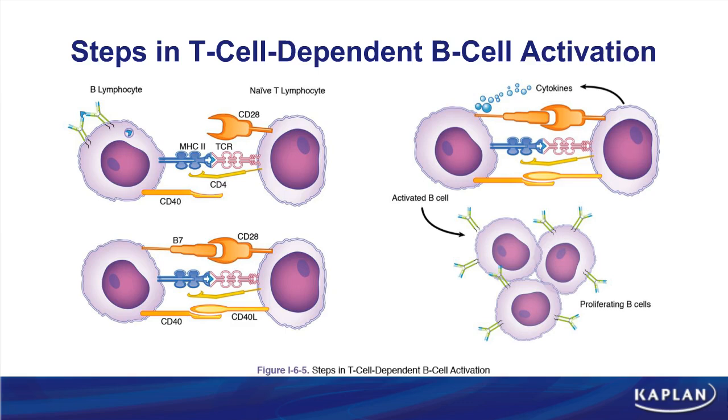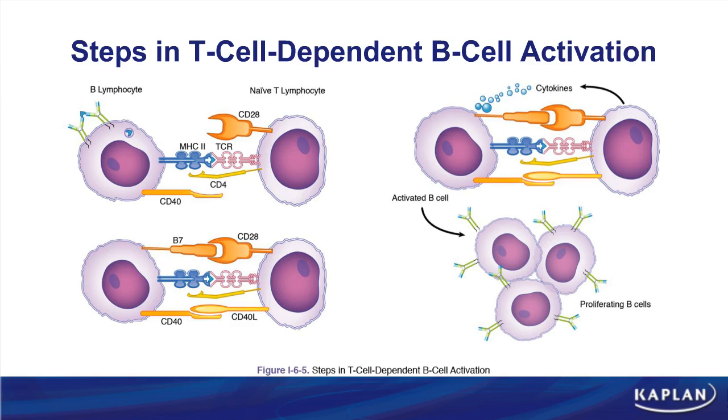A lot of those same features are here when we're talking about T cell dependent B cell activation, but what the B cell relies on a little bit more than those other cell-cell interactions between T cells and other APCs is going to be the CD40-CD40 ligand.